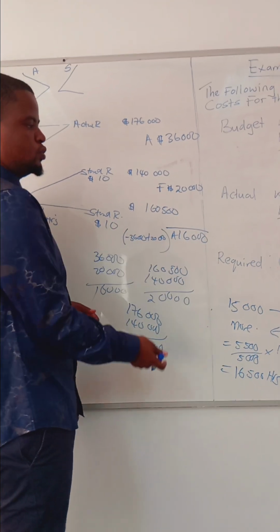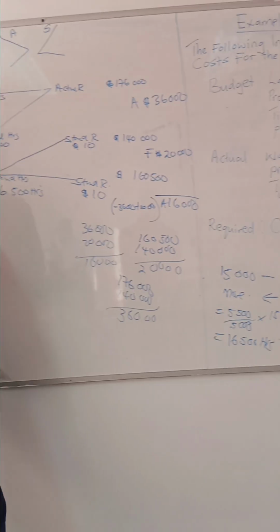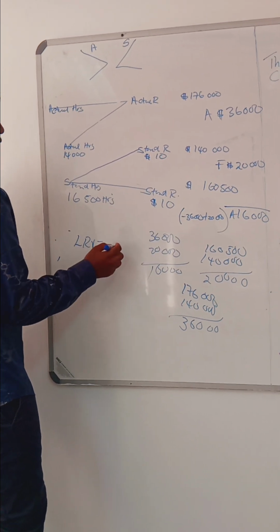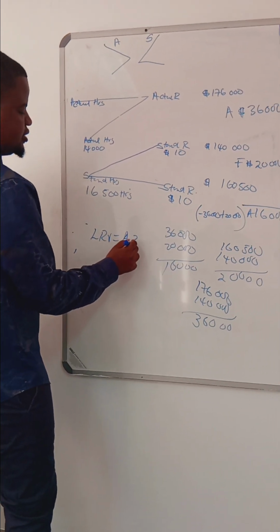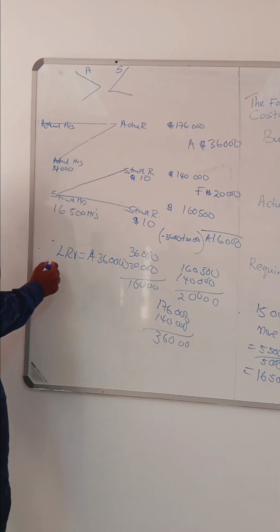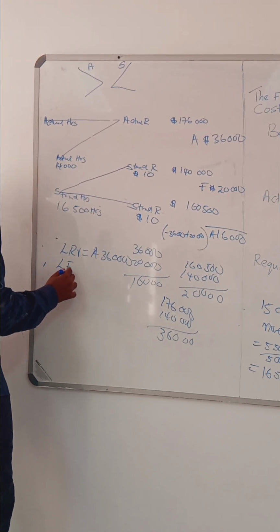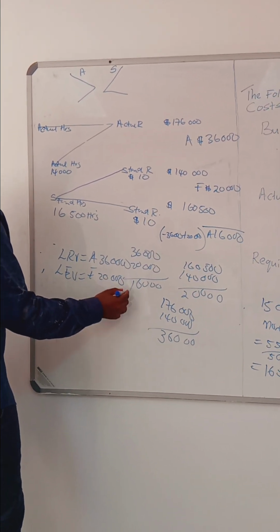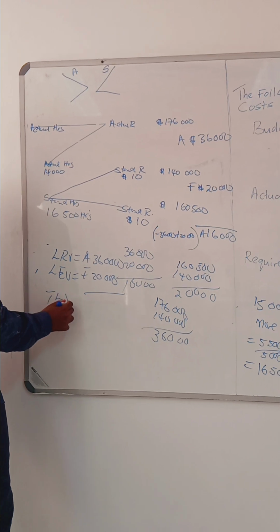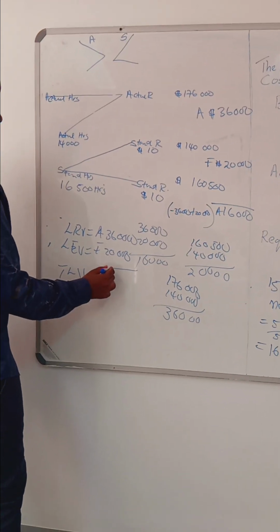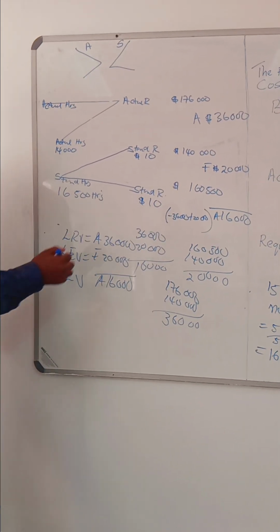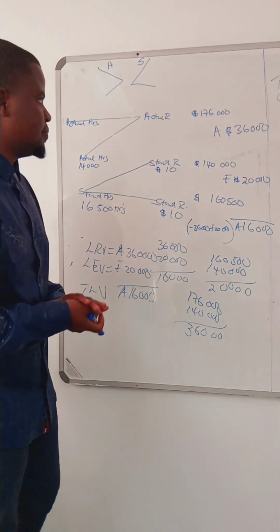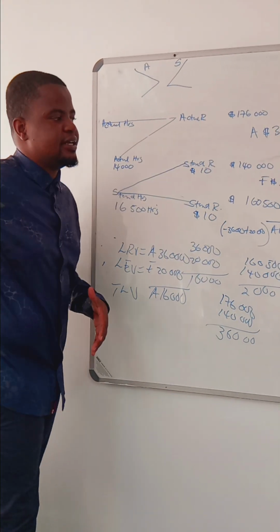So this is the total. Therefore, labor rate variance is adverse 36,000, labor efficiency variance is favorable 20,000, and total labor variance is adverse 16,000. So this is how you do this, guys. You can see that everything becomes clear using the less than and greater than approach.